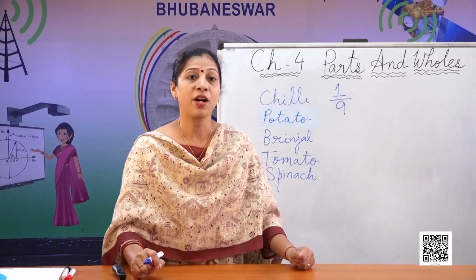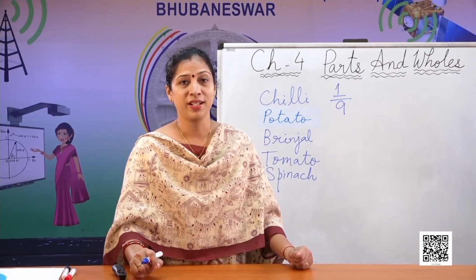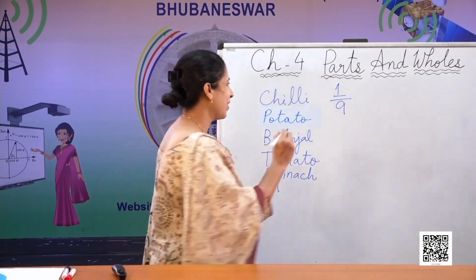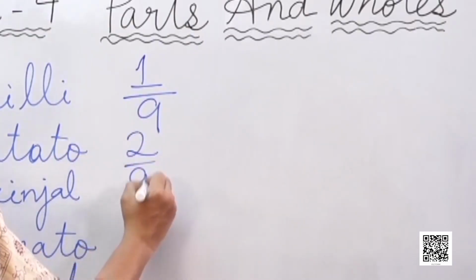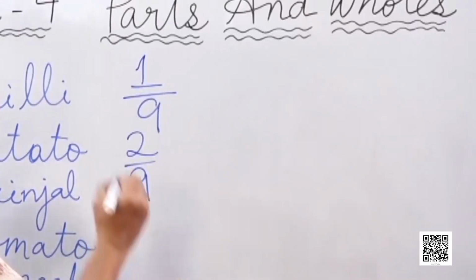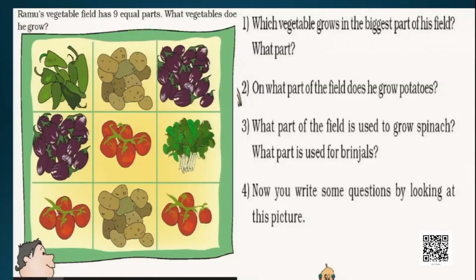What is the part on which potato is grown? Yes, potato is grown on 2 by 9 parts. And brinjal is grown on, again you just count and find out. Yes, it is again 2 by 9 parts. And tomato, let's see, what is the part on which tomato is grown?